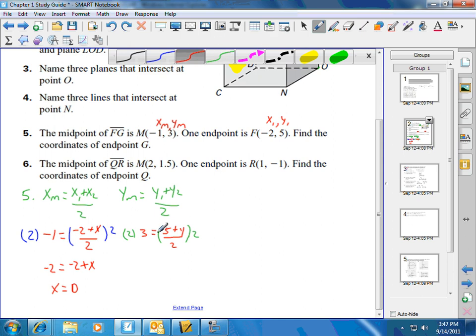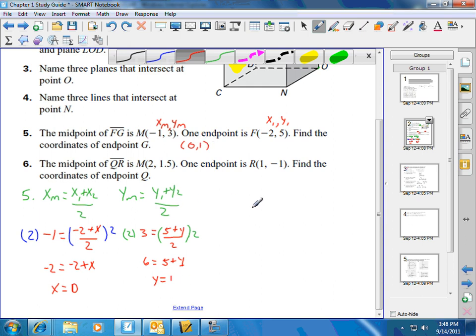So I have 6 is equal to 5 plus y over 2. Whoops, my goodness, I need to go home and take a nap, don't I? So we're going to subtract 5 on each side, and y is equal to 1. So our coordinates for point G are 0, 1.